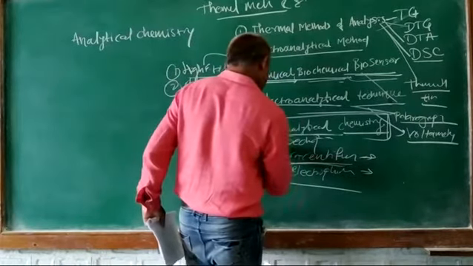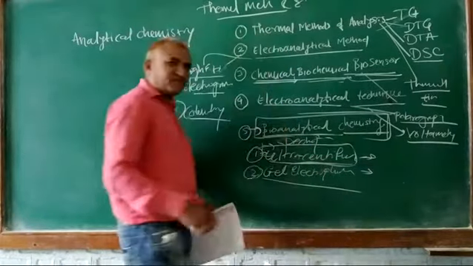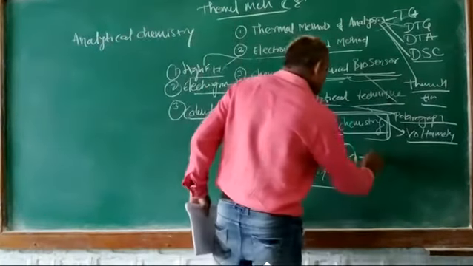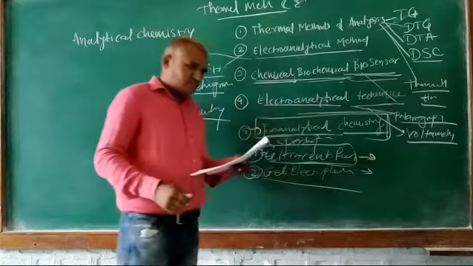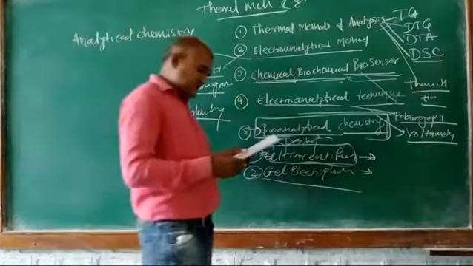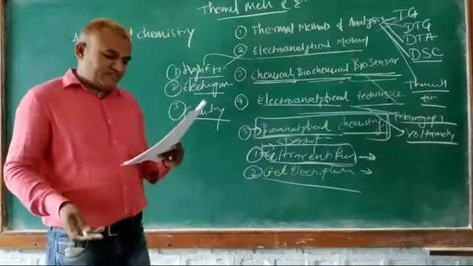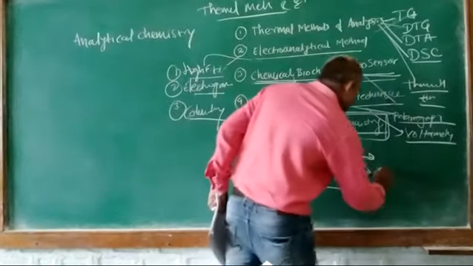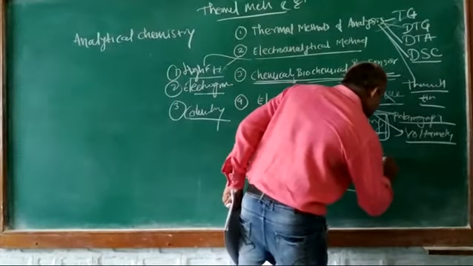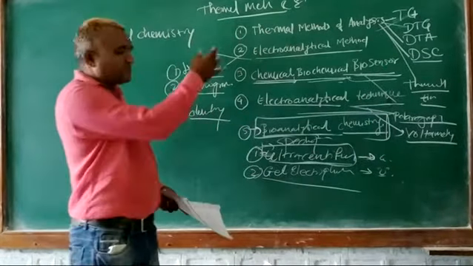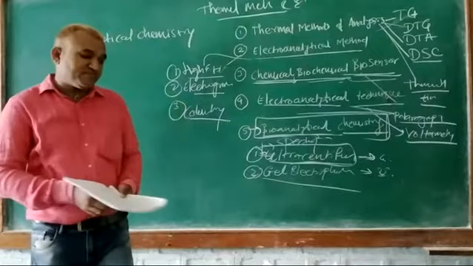By applying ultracentrifugal machines, we separate the mitochondria in the cells and have other uses. Next is electrophoresis, 2D gel electrophoresis and gel electrophoresis. So this is the summary of the 5 units of analytical chemistry.